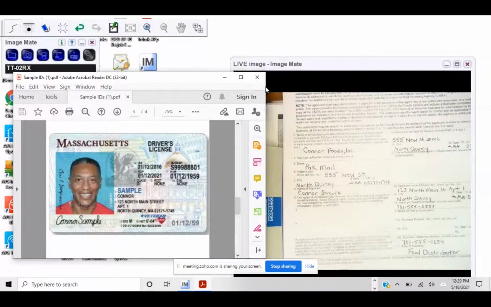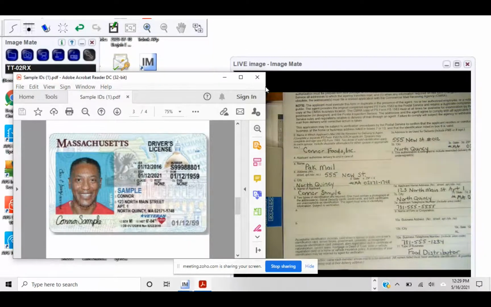On the USPS form, no. In your journal, yes. The question was, does she need to put the address that's on the ID into the journal?